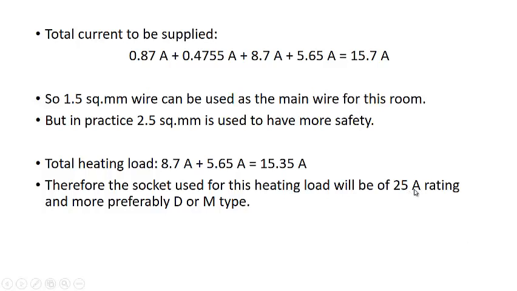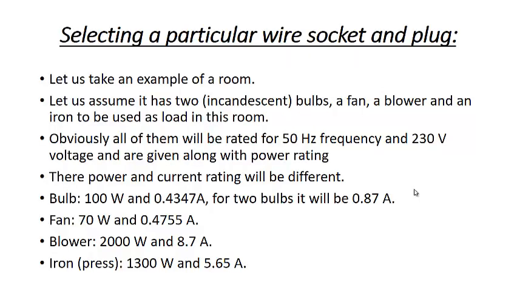It is because in the case of a heating load, when voltage decreases, current also decreases. Let us say this heating load has a wattage of 2000 watt at a voltage of 230 volt. If the voltage gets halved, the current will also be halved.